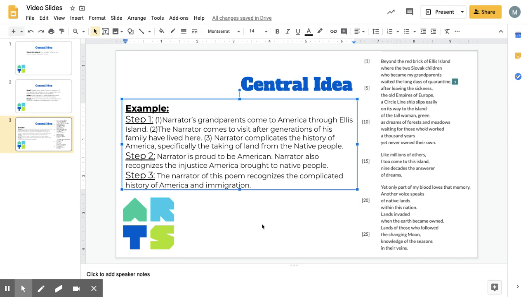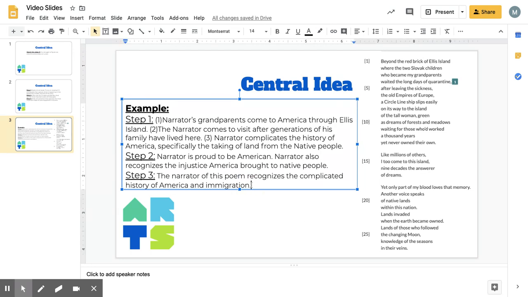So the narrator of this poem recognizes the complicated history of America and immigration. The reason why I added the word immigration in here, but we don't have it anywhere in our step 1 or step 2, is because of his grandparents coming to America through Ellis Island, right? We didn't really talk about, we talked about the pride.